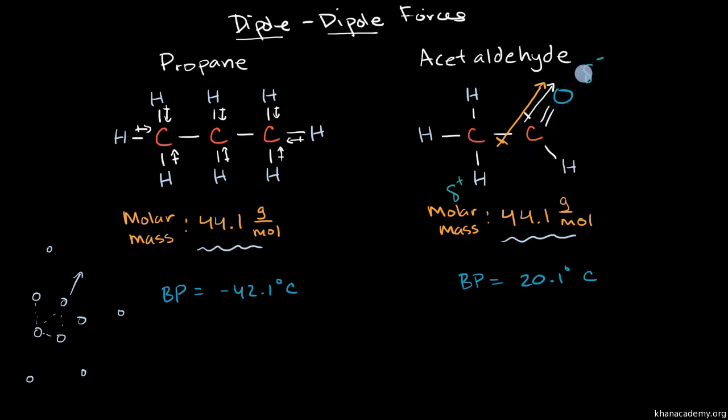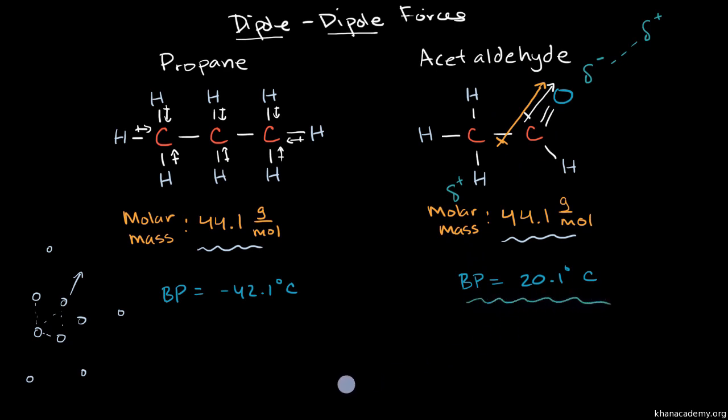Well, the partially negative end of one acetaldehyde is going to be attracted to the partially positive end of another acetaldehyde. And so this is what people are talking about when they say dipole-dipole forces. We are talking about a permanent dipole being attracted to another permanent dipole. And so acetaldehyde is experiencing that on top of the London dispersion forces, which is why it has a higher boiling point.